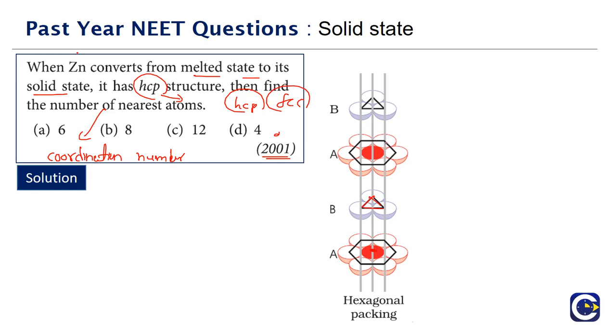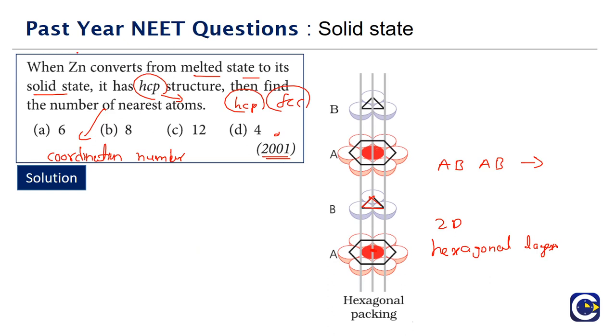Then another layer of A, then B. So each layer is a 2-dimensional hexagonal layer, and we arrange them in AB type of manner. If it is ABC, then we will get the FCC type. But both of them will have the same packing efficiency.